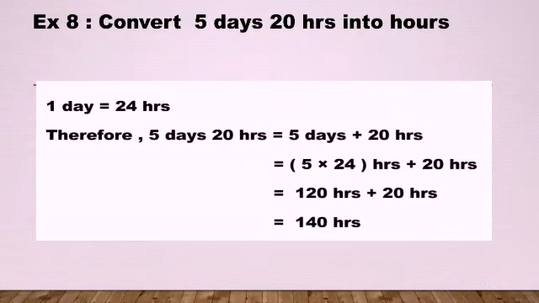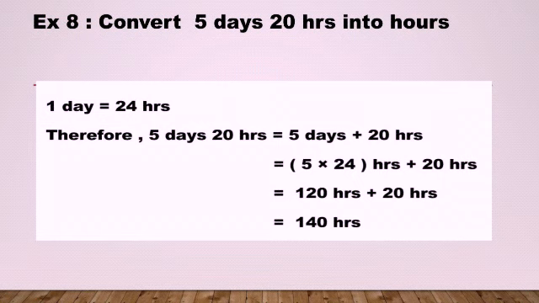It is our last question of today's discussion: convert 5 days 20 hours into hours. Here also days and hours are involved in the question. We have to convert it into hours. So days to hours means multiplication. So 1 day equals 24 hours, and 5 days 20 hours equals 5 days plus 20 hours.